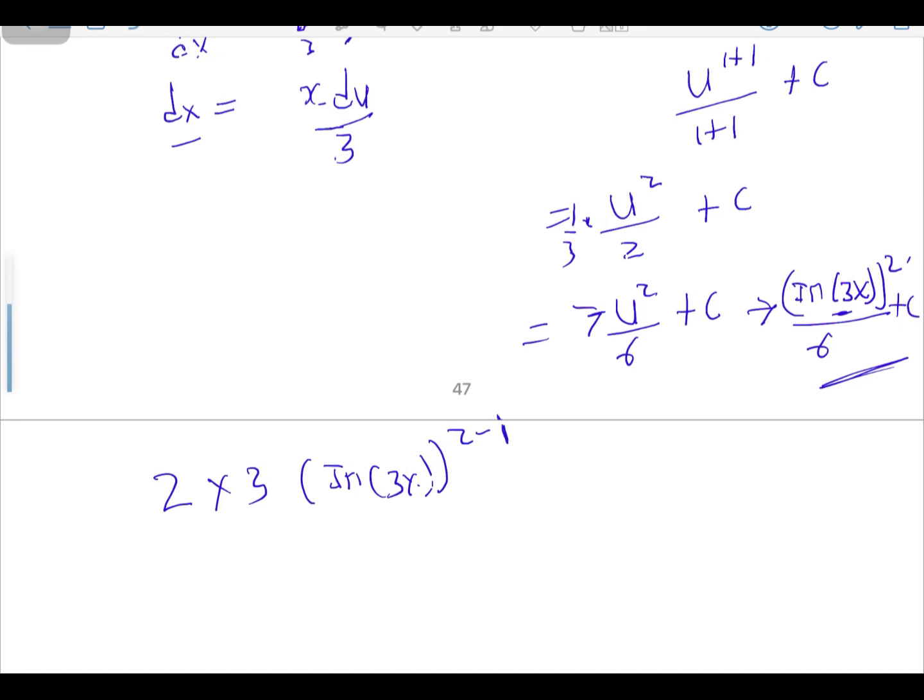And don't forget that it's over 6. Now you can see that 2 times 3 is 6, and it cancels with the denominator.